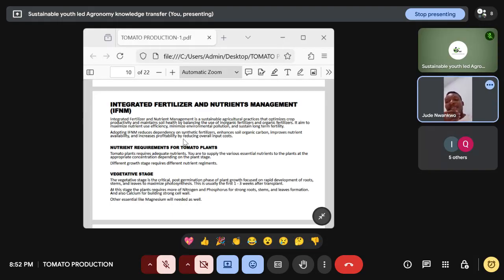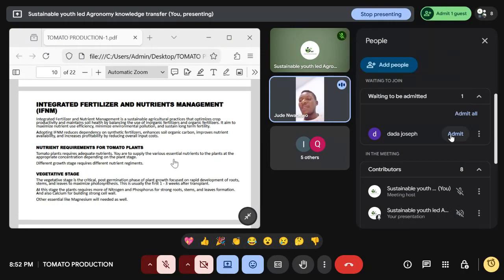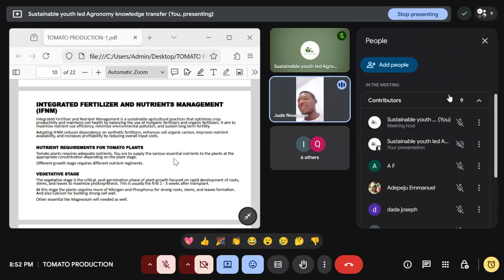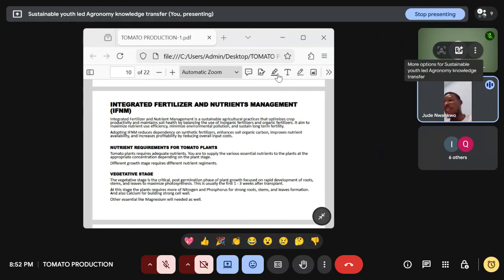Vegetative stage. The vegetative stage is the critical post-germination phase of plant growth focused on rapid development of roots, stems, and leaves to maximize photosynthesis. This is usually the first 1 to 3 weeks after transplant. At this stage, your focus is on achieving good root development, bulbous leaves, and thick stems to support what is coming.